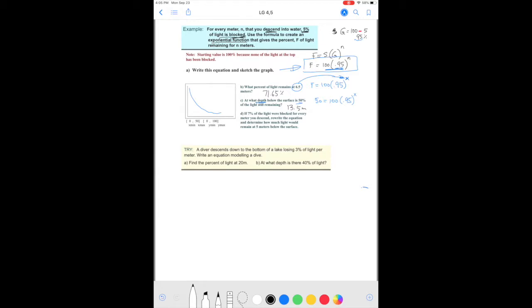And now the last one here, now we're changing it, you're losing 7%, it's blocked. So your formula is going to slightly change a little bit to 0.93, because remember 7%, take away 100 is 93%. All right, so now we want to know how much is remaining at 5.